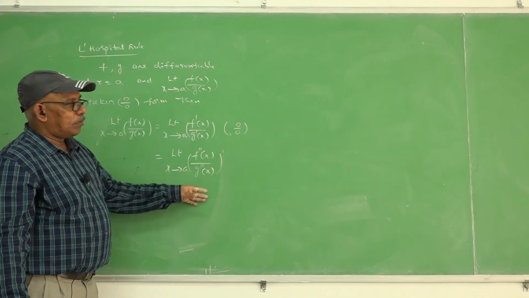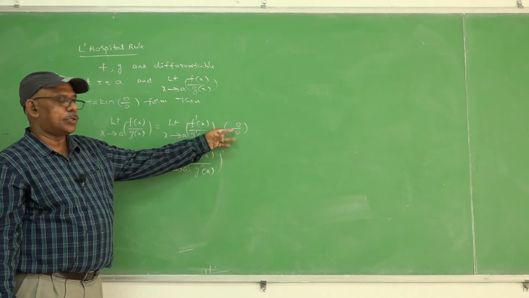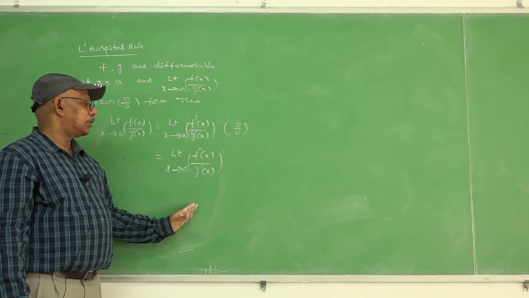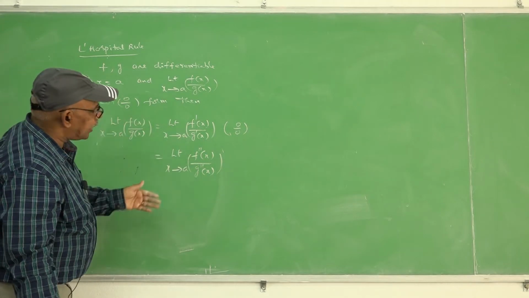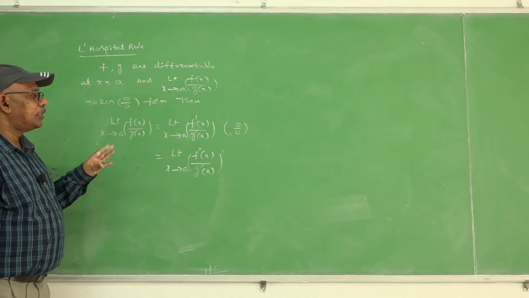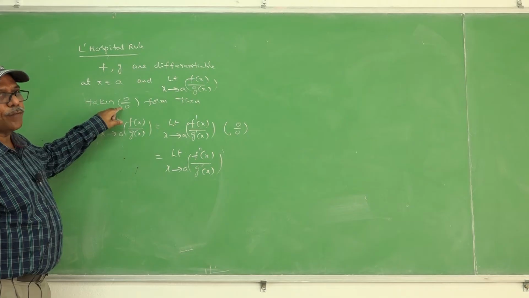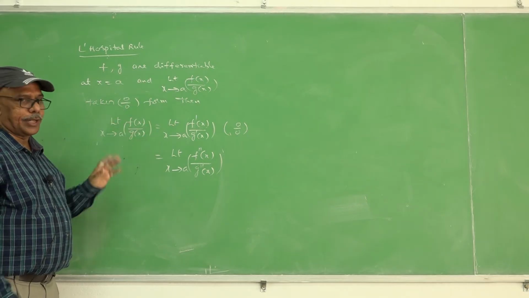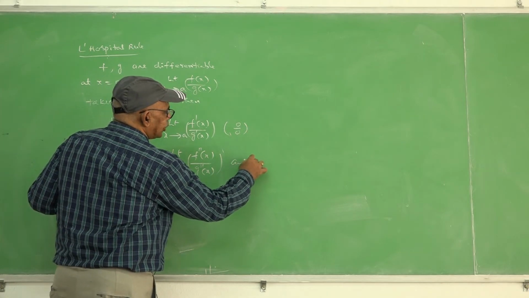If this is again of the form 0 by 0, you can go for the third derivative. Even if the third derivative takes the 0 by 0 form, you can go for the fourth derivative. This process can be extended until the indeterminate form is removed, and so on.